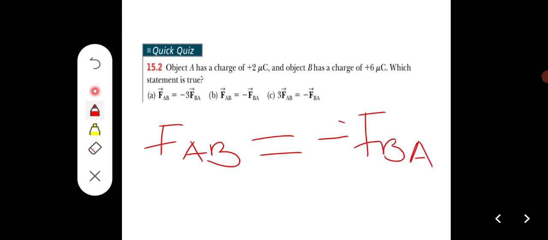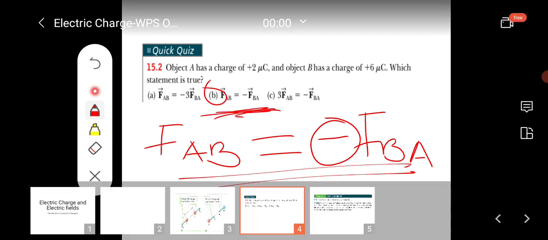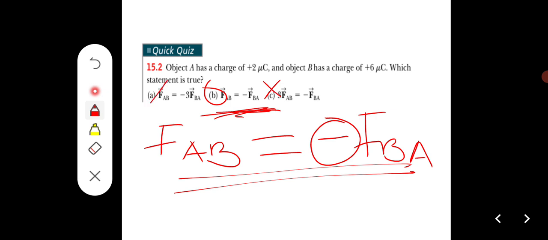A, but in the opposite direction. That's why we introduce the negative sign. So here the answer was B. It doesn't matter the size of the charges, the force will always be the same. The only difference will be what? The sign.